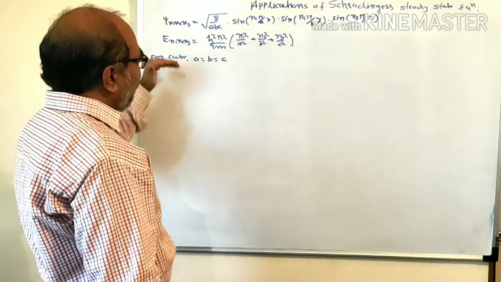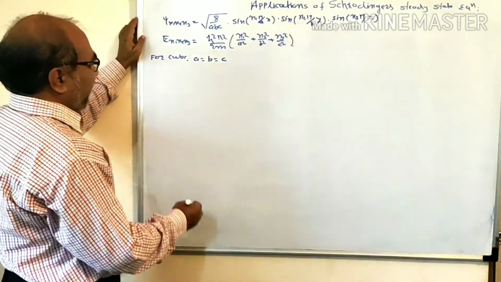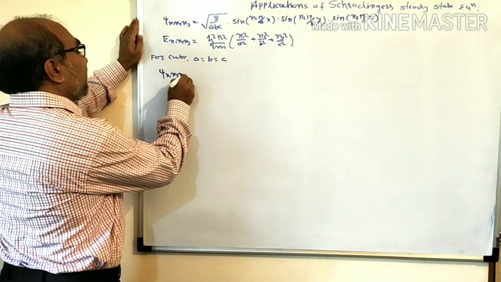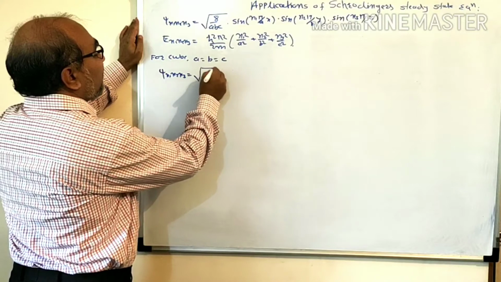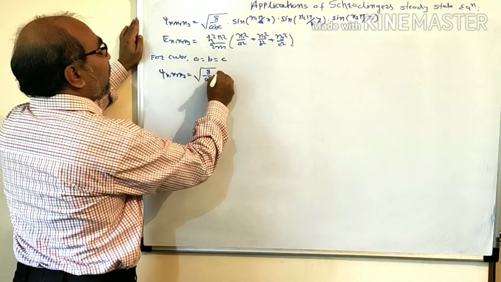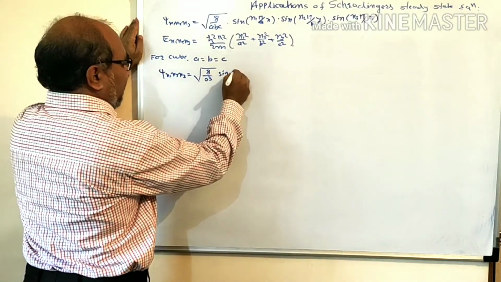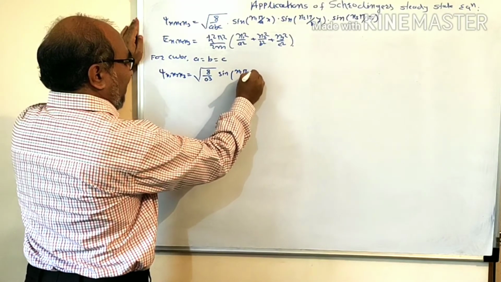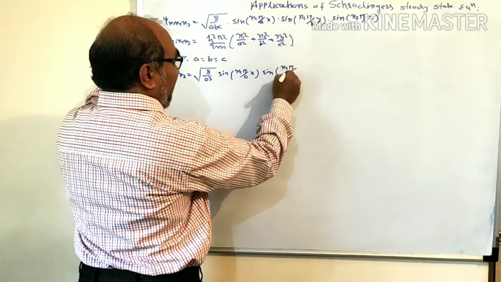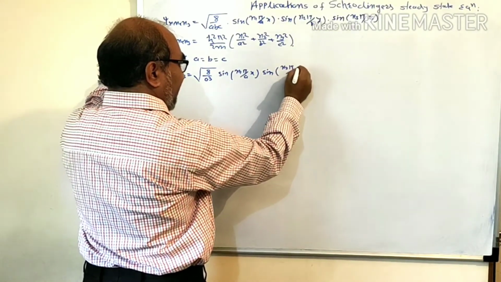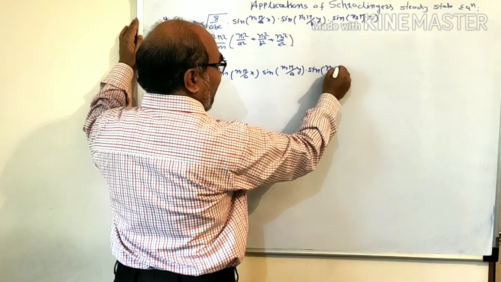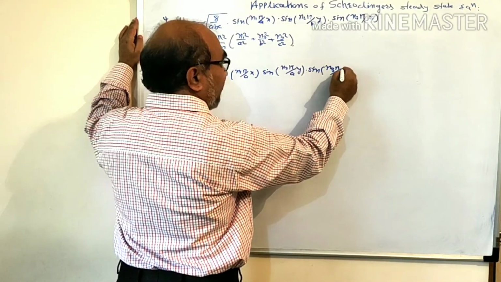Therefore, these two equations can be written as: psi n1, n2, n3 for the cube is 8 abc divided by a cube, into sine n1 pi by a x as it is, sine n2 pi by b, which is nothing but a again, y, and sine n3 pi by c, which is nothing but a, so that is z.